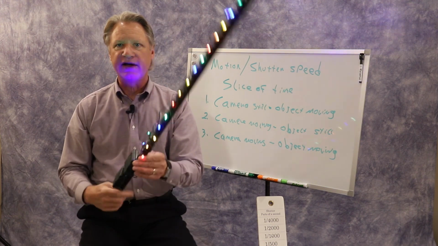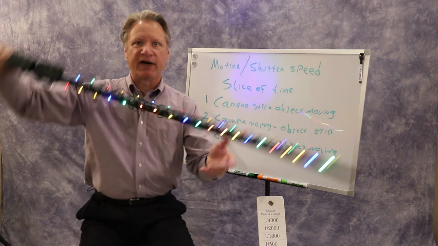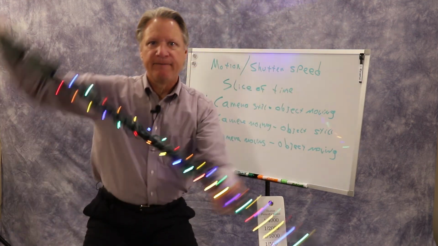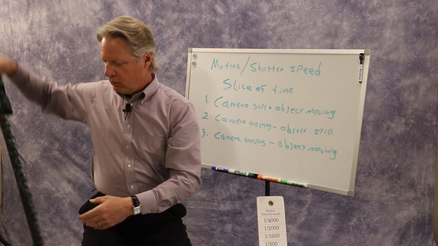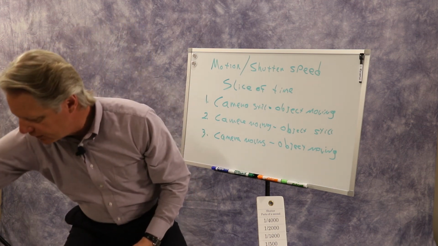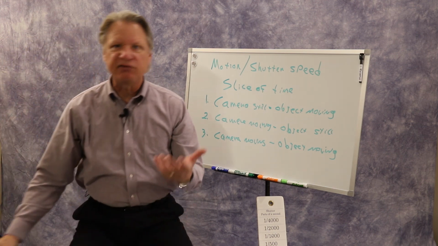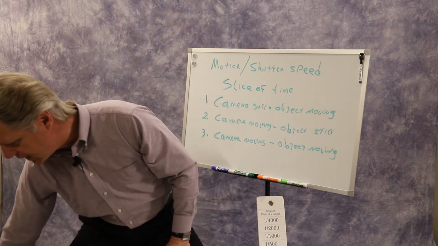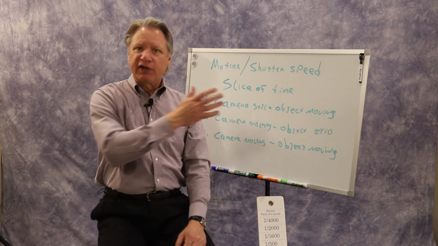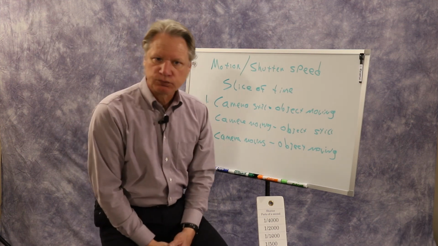And we could rotate it, or move it in, or move it out, or twist it. So we'll do some of those kinds of things as well with longer shutter speeds. And you'll need like a second or maybe 2 seconds in order to catch that movement.